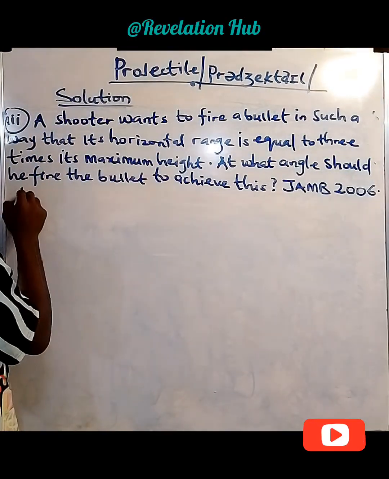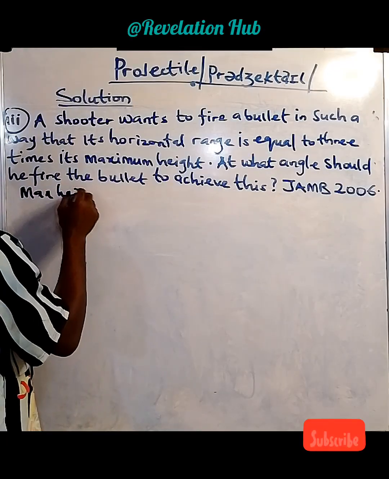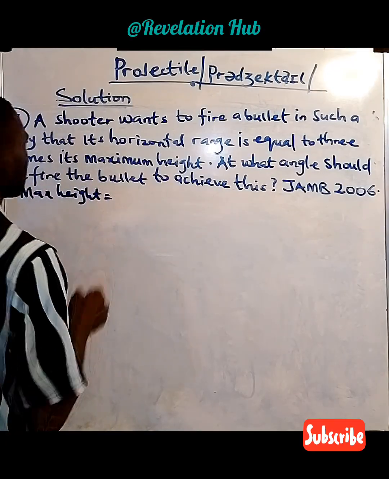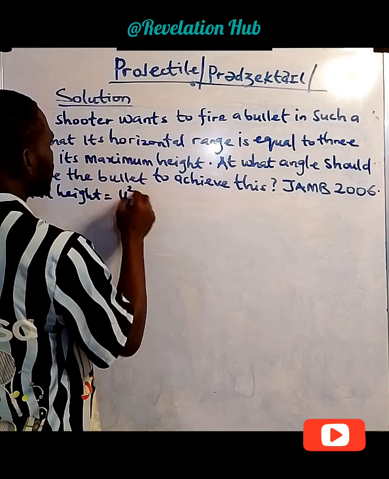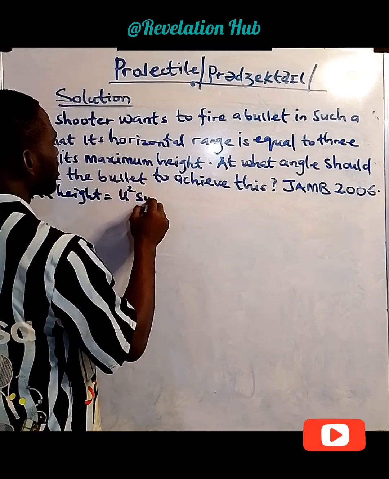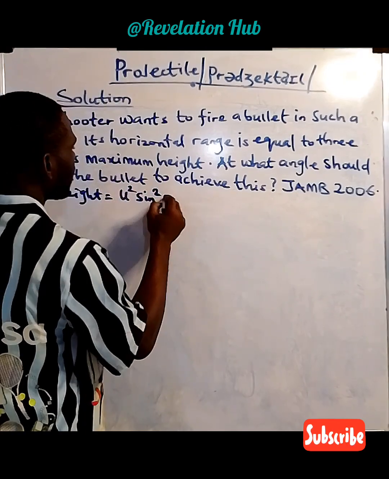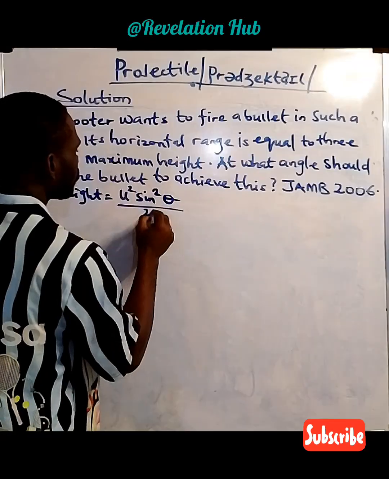So what's the formula for max height? For maximum height attained, the formula is u squared sine squared theta over 2 gravity.